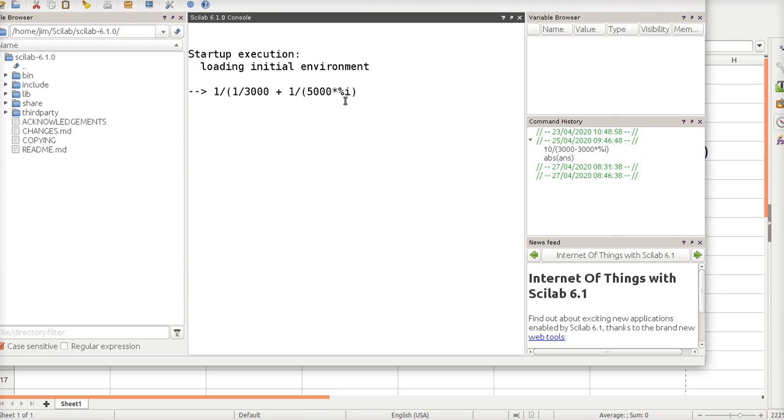It has the imaginary operator defined. If you did it as angles, this would be 3,000 angle 0. This would be 5,000 angle 90.